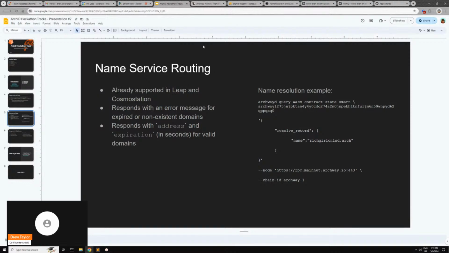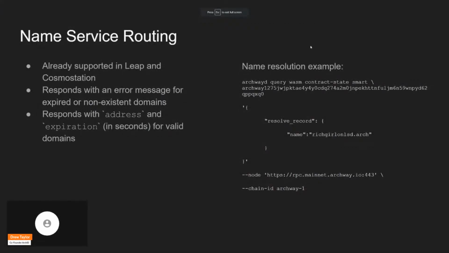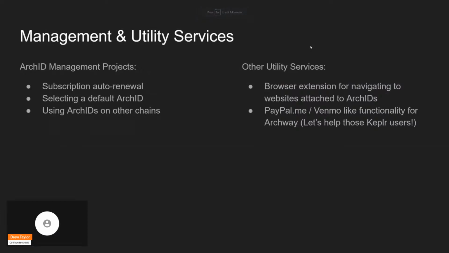Okay, just flip back to our slideshow and move along. So now we get to the fun stuff. What can you build for this track? Well, some ideas that I came up with that would be cool: the Archway V7 upgrade just went online this week, and it offers some new and exciting modules.